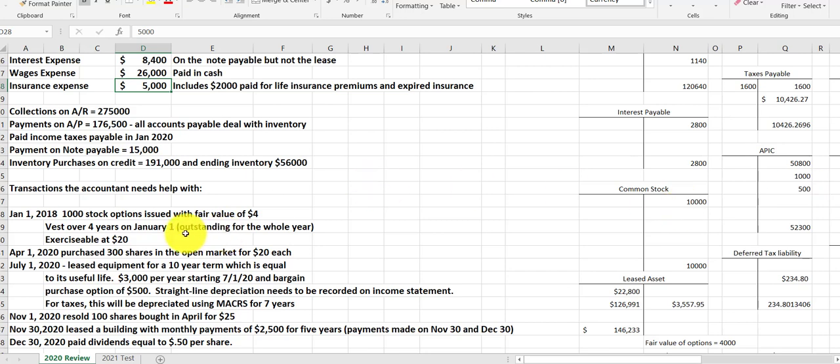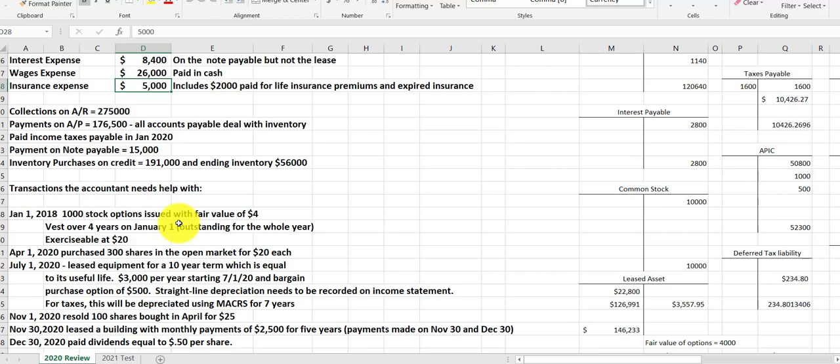We have stock options with a fair value of $4. That means that their total amount of compensation expense is $4,000. It vests over 4 years, which means on every January 1st you're going to record $1,000, right? $4,000 over 4 years, $1,000 a year.